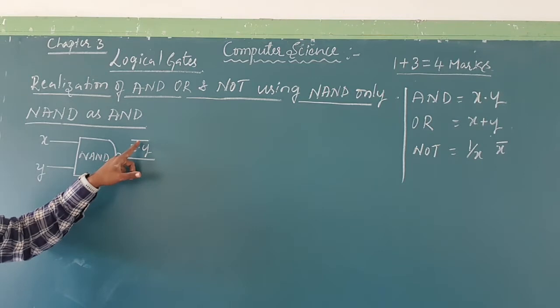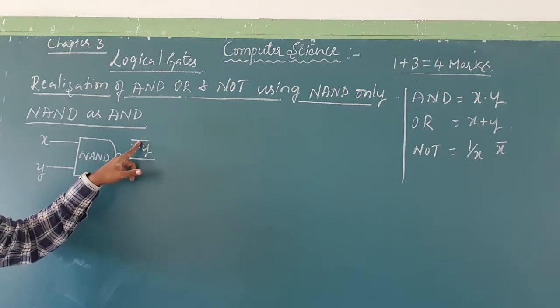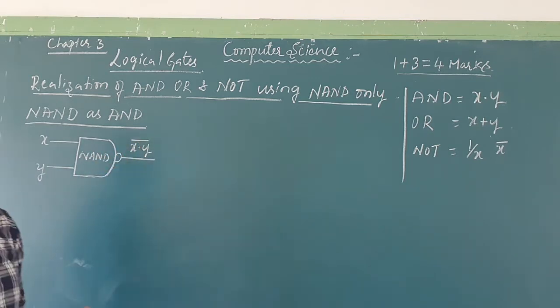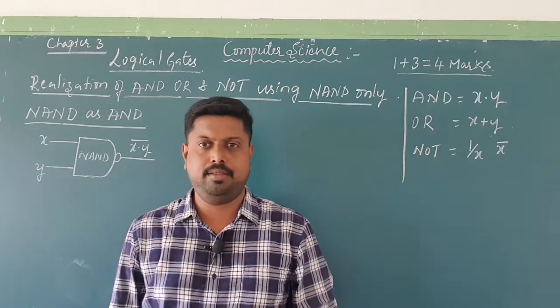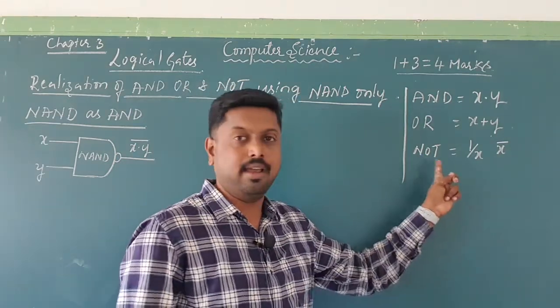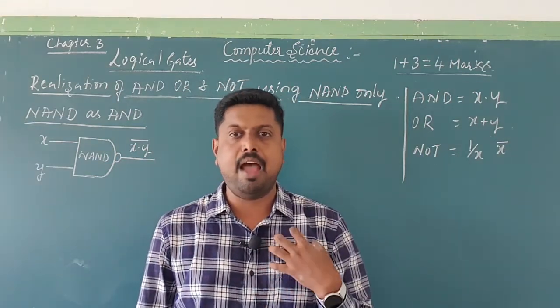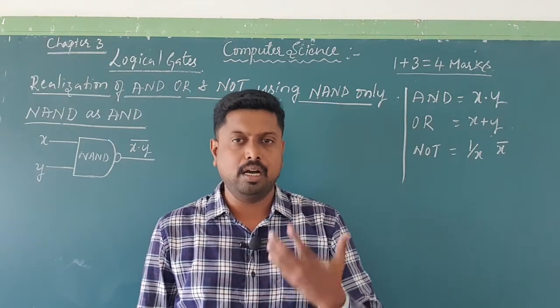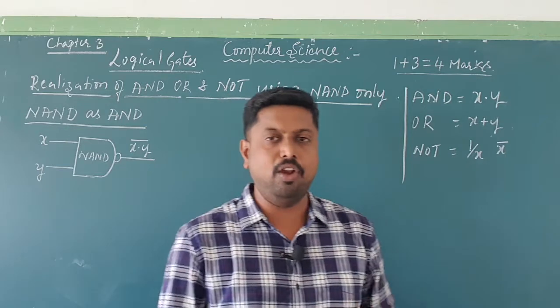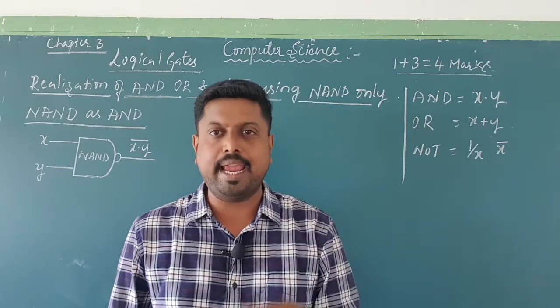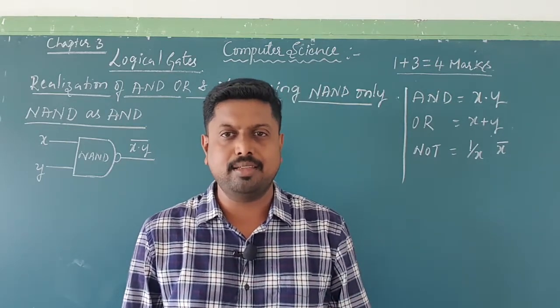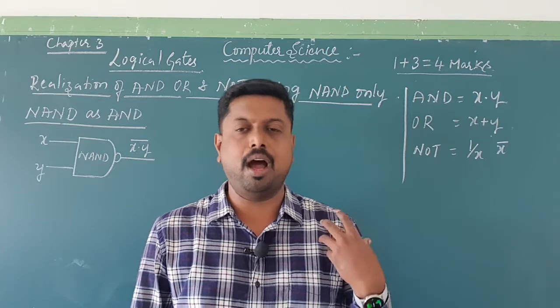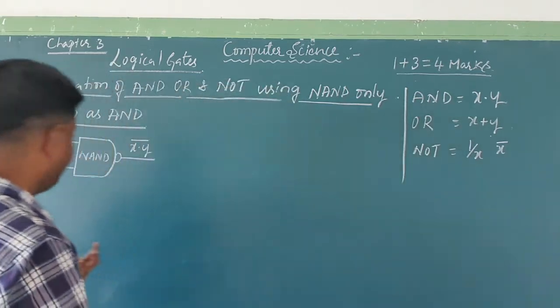Now I want to remove this complement, this bar. Then what do we have to do? We have a chance with the help of a NOT gate again. I can complement this NAND output by applying the NAND gate once again, and then the AND gate result will be obtained.